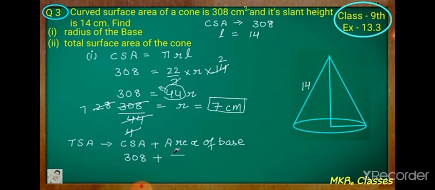Then for the base area we do pi r square. Pi is 22 by 7 and r square is 7 into 7. 7 cancels with the denominator, and 22 into 7 is 154. So it is 308 plus 154.